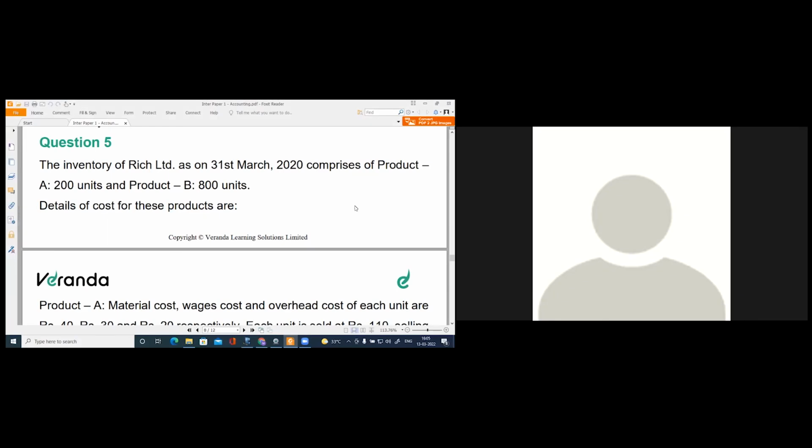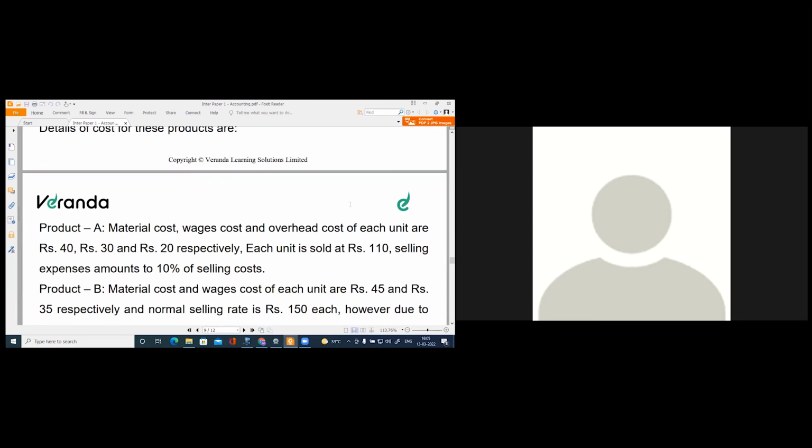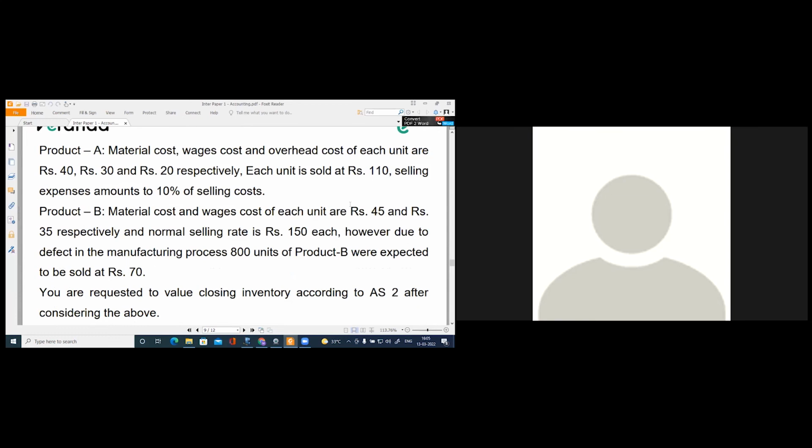The inventory of Rich Limited as on 31st March 2020 comprises product A 200 units and product B 800 units. Details of cost: product A, material cost, wages cost, and overhead cost of each unit are rupees 40, 30, and 20 respectively. Each unit is sold at rupees 110.